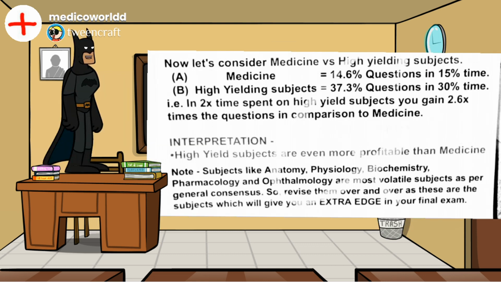Let's consider the king subject medicine versus high yielding subjects. King subject medicine is equal to 14.6% of questions and 15% of timing, and high yielding subjects are equal to 37.3% of questions and 30% of timing. This means that with 2 times the time spent on high yield subjects, you gain 2.6 times the questions in comparison to medicine.